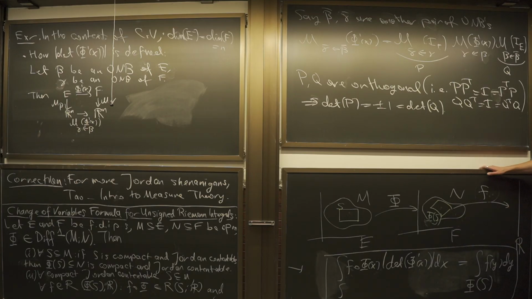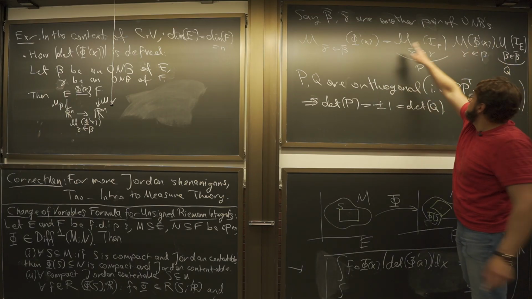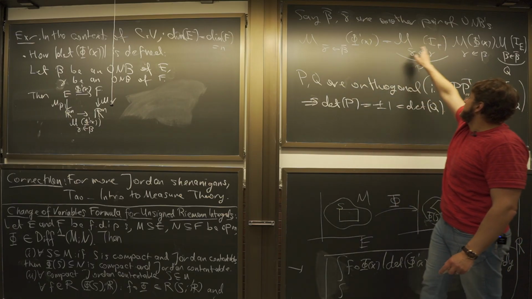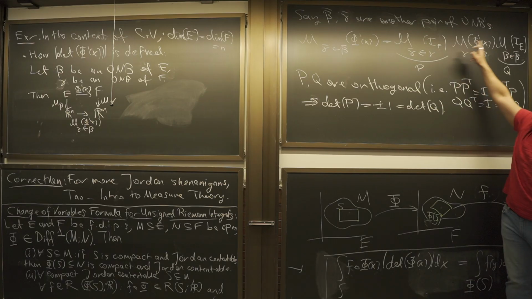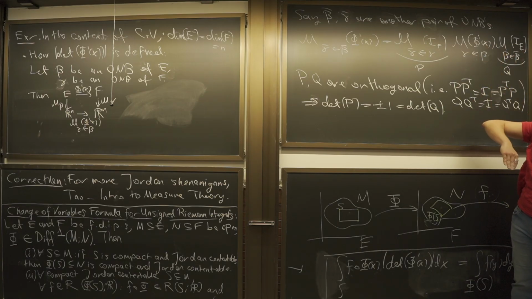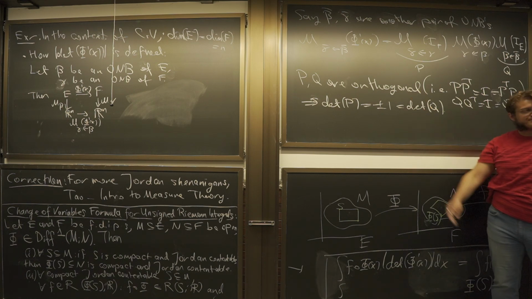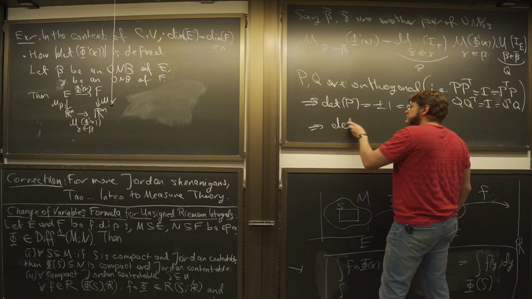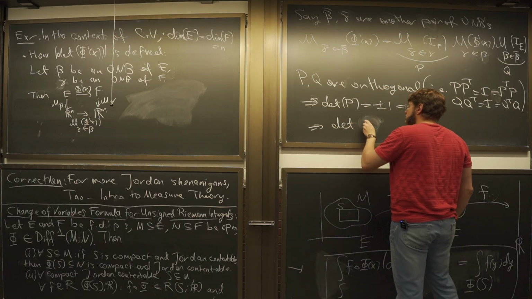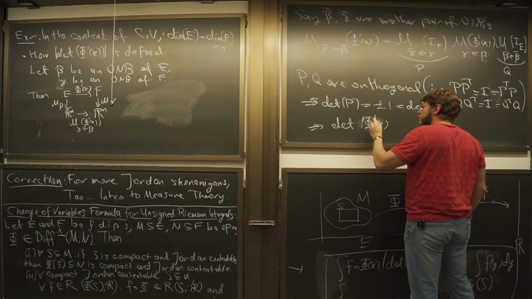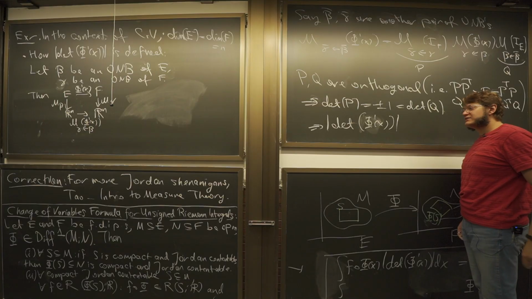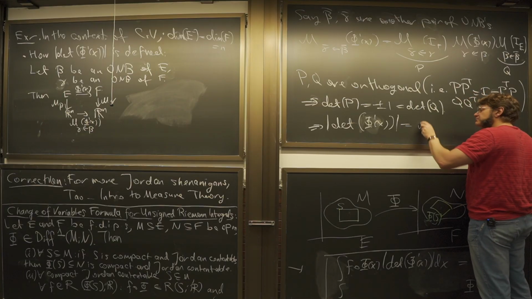Okay? Which means that if you were to take the determinant in this equation, determinant is multiplicative, you would get here 1 determinant and then 3 determinants here, but these two factors would be plus or minus 1. If you were to take the absolute values, you would get the same thing. Okay? That's why you could say the determinant of phi prime at x in absolute value is a well-defined number, which is this common value.